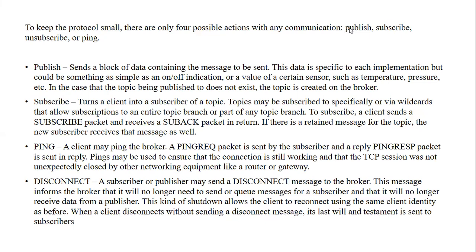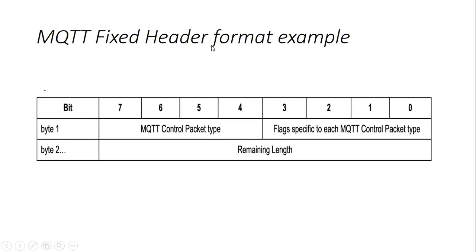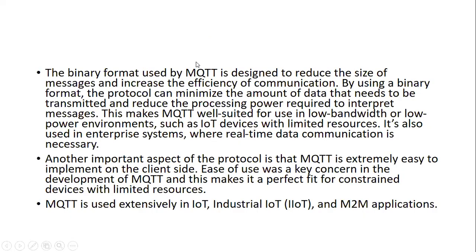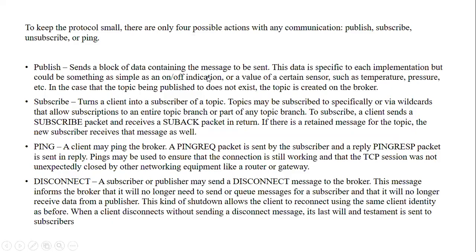This kind of shutdown allows the client to reconnect using the same client identity as before. When a client disconnects without sending a disconnect message, its last will is triggered. So here there are four possible actions: publish, subscribe, ping, and disconnect.